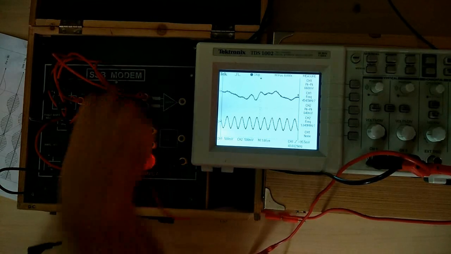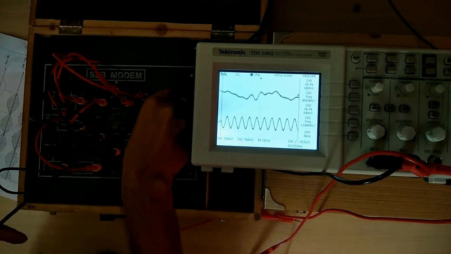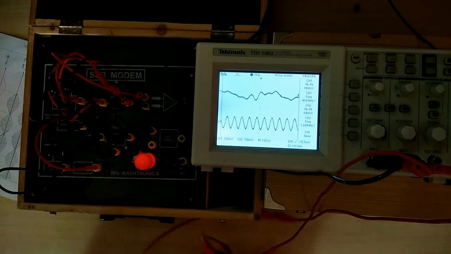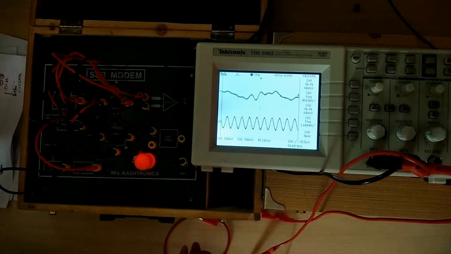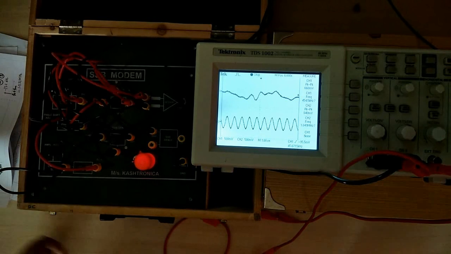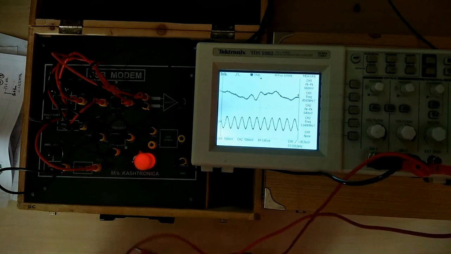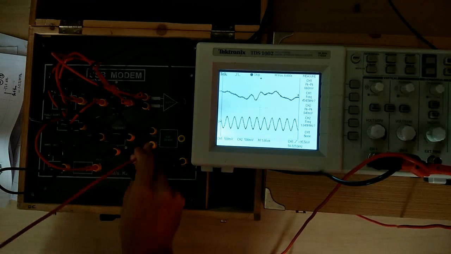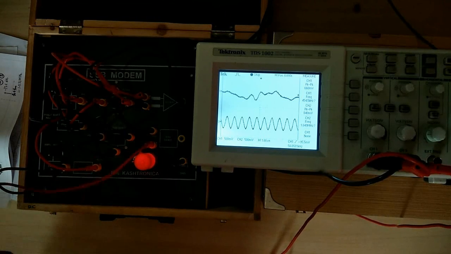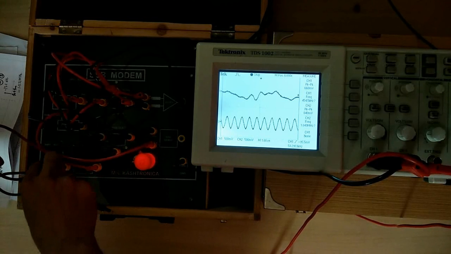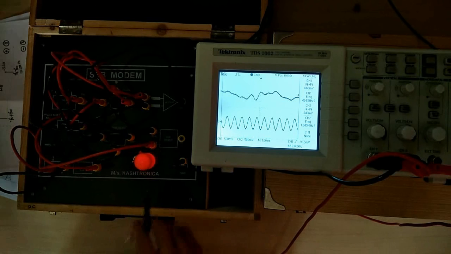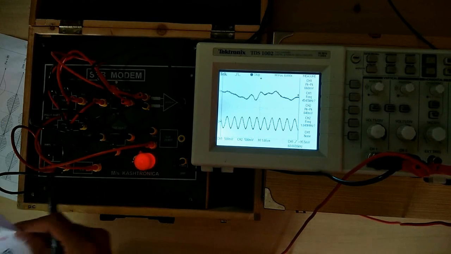So when you apply this adder output to the signal and the carrier signal to this demodulator, that is basically the coherent detection that we have discussed already.